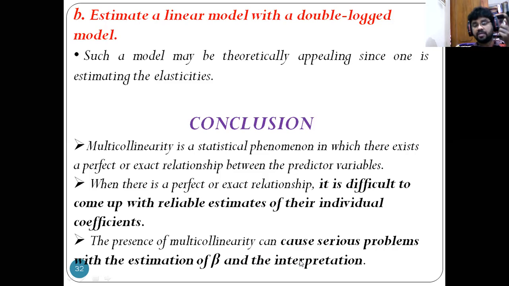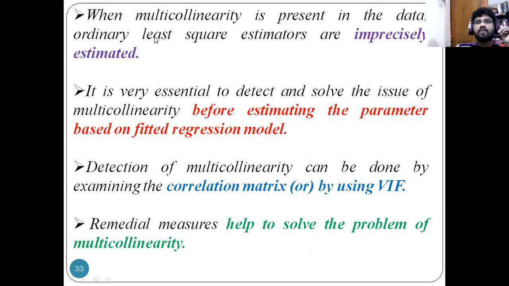If you interpret on the basis of the beta value, it may give the wrong conclusion to other scholars. When multicollinearity is present in the data, the OLS estimators are imprecisely estimated.